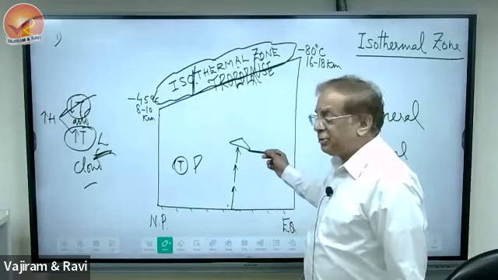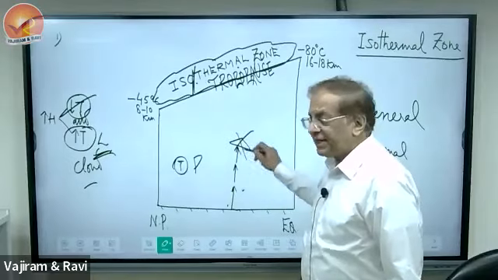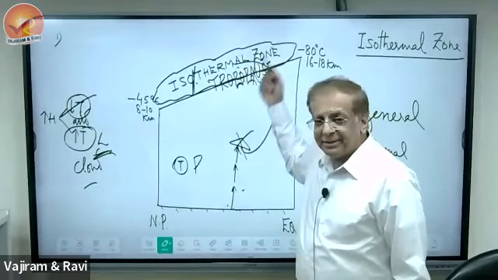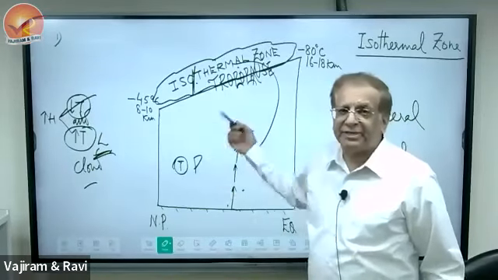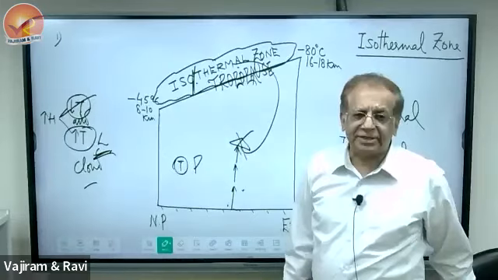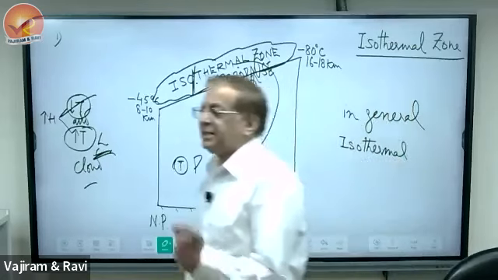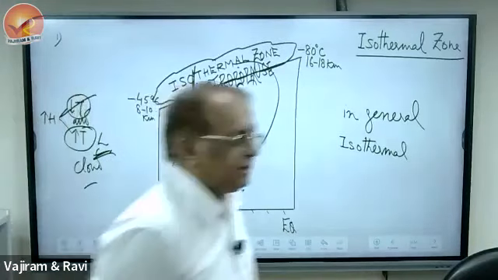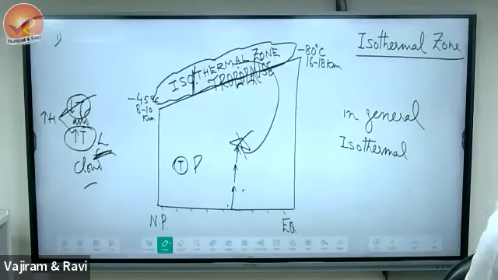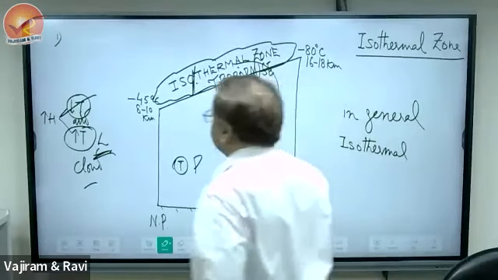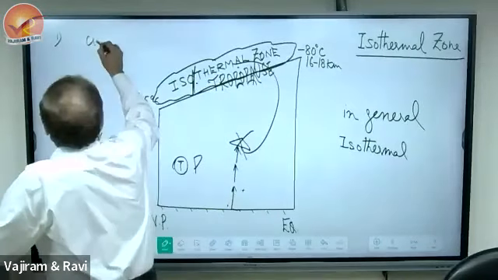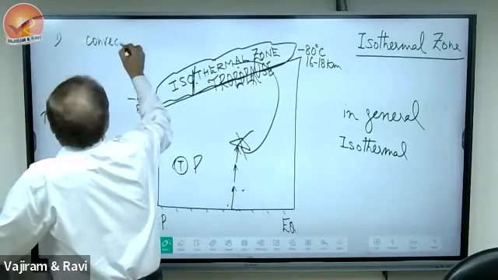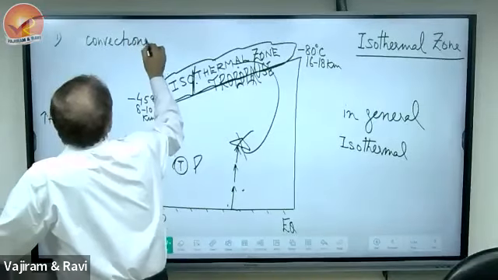So the plane needs to avoid the convection currents, and the best is to take it to a height above the tropopause because there we generally don't see much strong convection. So please write the third point: in general, absence of strong convectional currents.